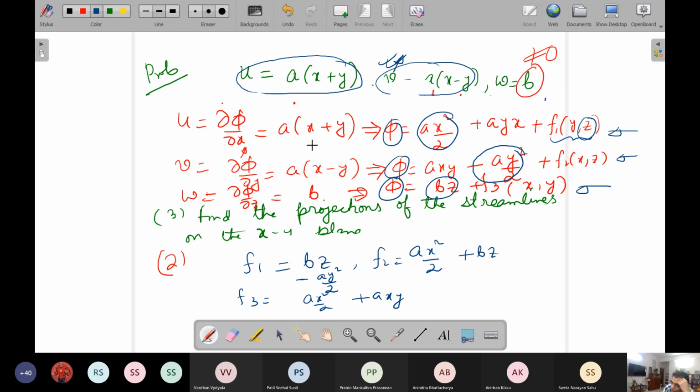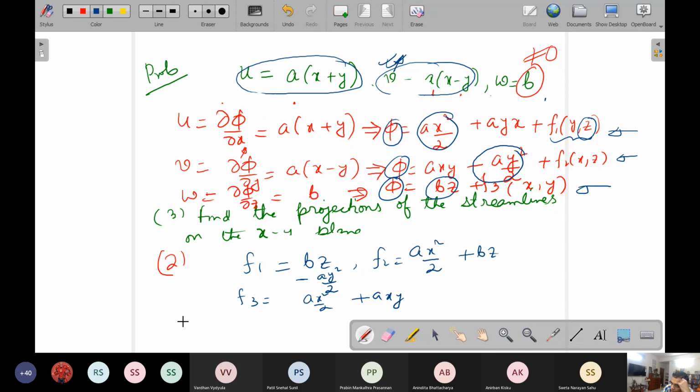So let us write it here. phi equal to ax square by 2 plus axy minus ay square by 2 plus bz, plus you can take a constant of integration also, because all these functions may include some constant, say c.